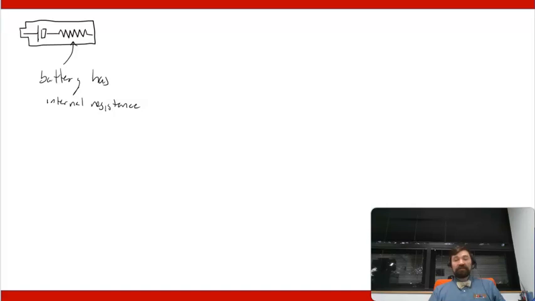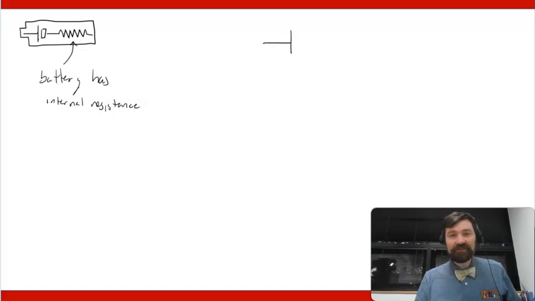Now I can connect this battery to any number of other circuit elements. I could, for example, connect it to another battery, although that will be for another day's discussion. I can also connect it to a bunch of resistors that collectively form a load. So if I do that, then my connection might look something like this.